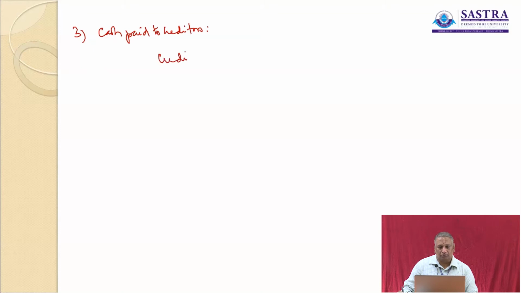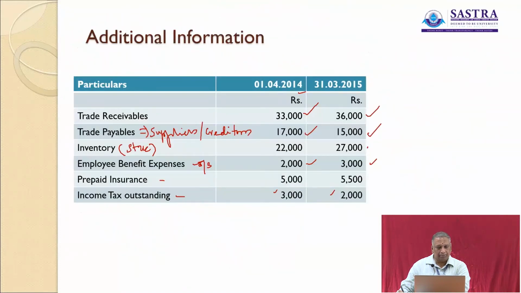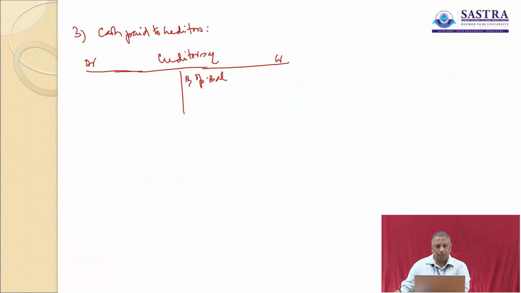Creditors being a liability, a credit side item and a balance sheet liability side item, the opening balance will appear on the credit side and the closing balance will appear on the debit side. So by opening balance, the amount of creditors 17,000, and to closing balance 15,000.